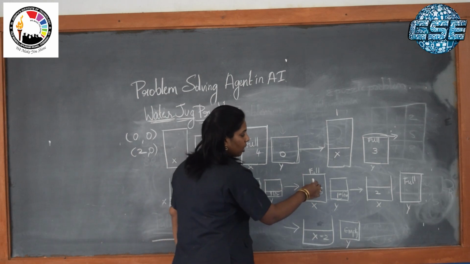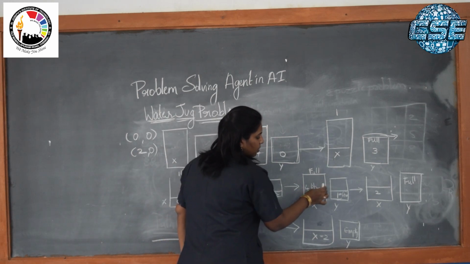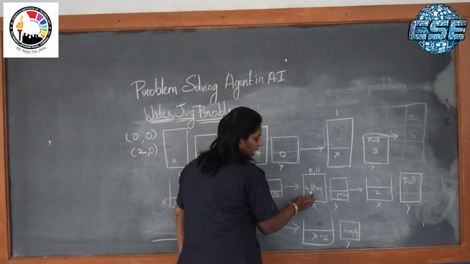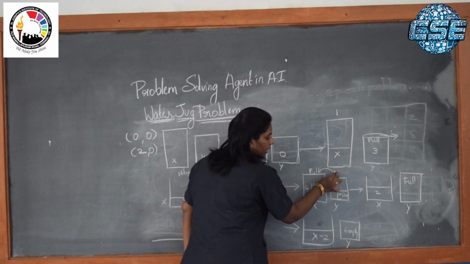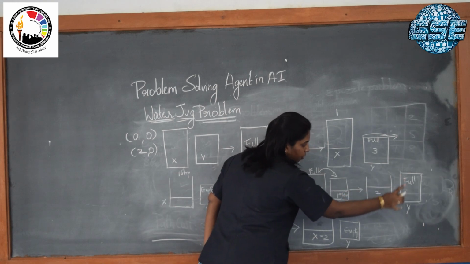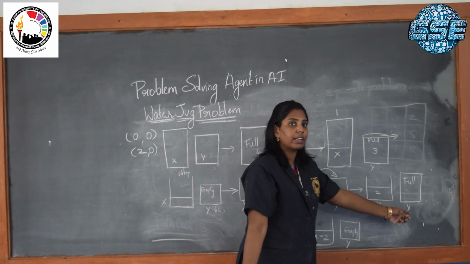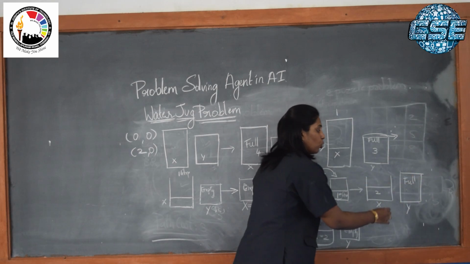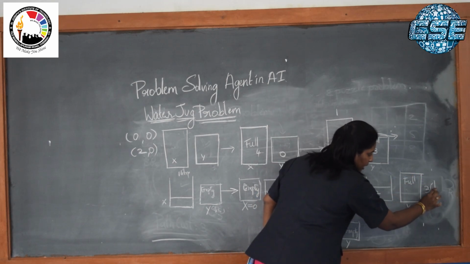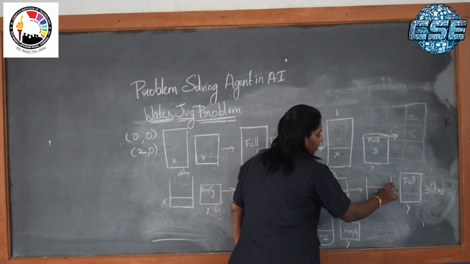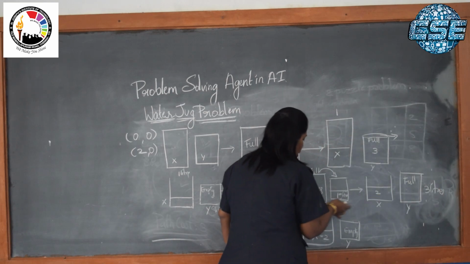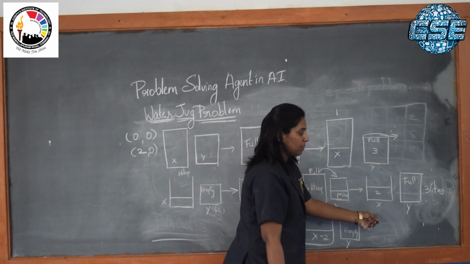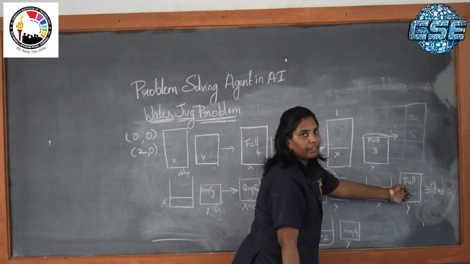Then we need to transfer from X, which is the 4 liter jug, into Y until Y is full. Y is full means we have a total of 3 liters of water inside it, right? So if we fill all 3 liters, how many liters remain here? We have 2 liters of water remaining in X, and Y is totally full.